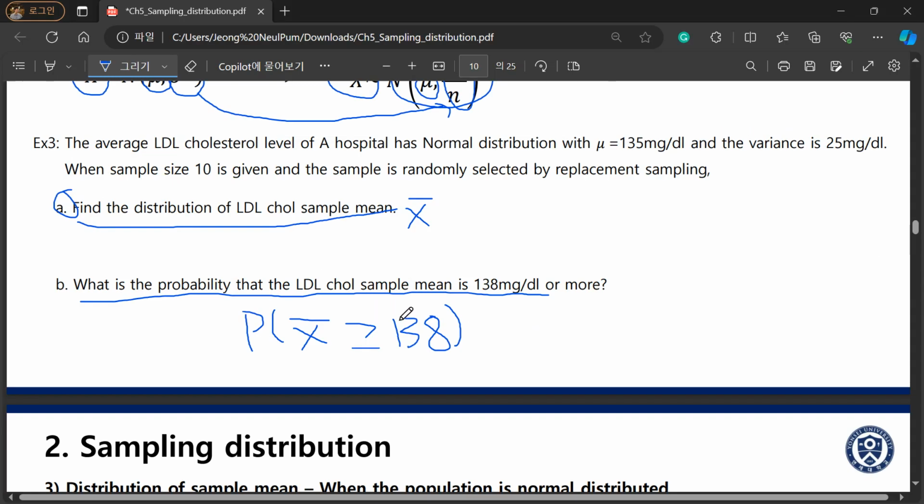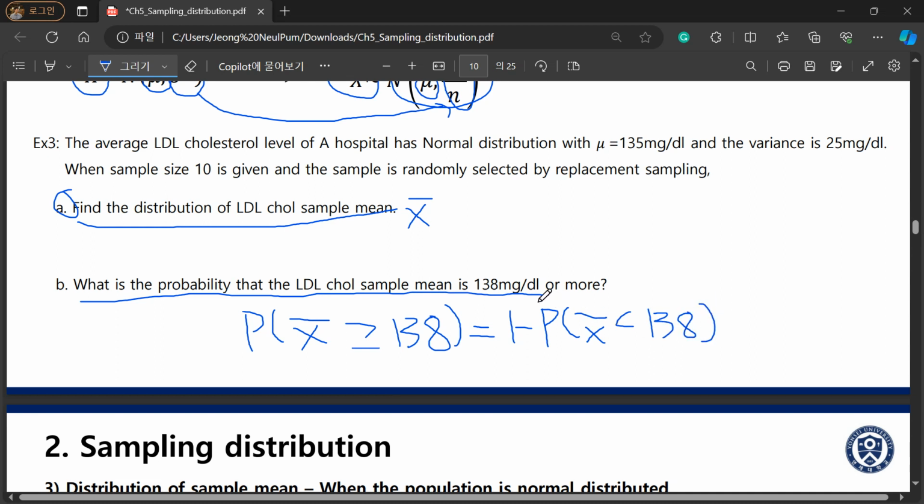Because we are dealing with the probability when our target variable is greater than or equal to, it is the same as 1 minus the probability when our target value is less than 138.